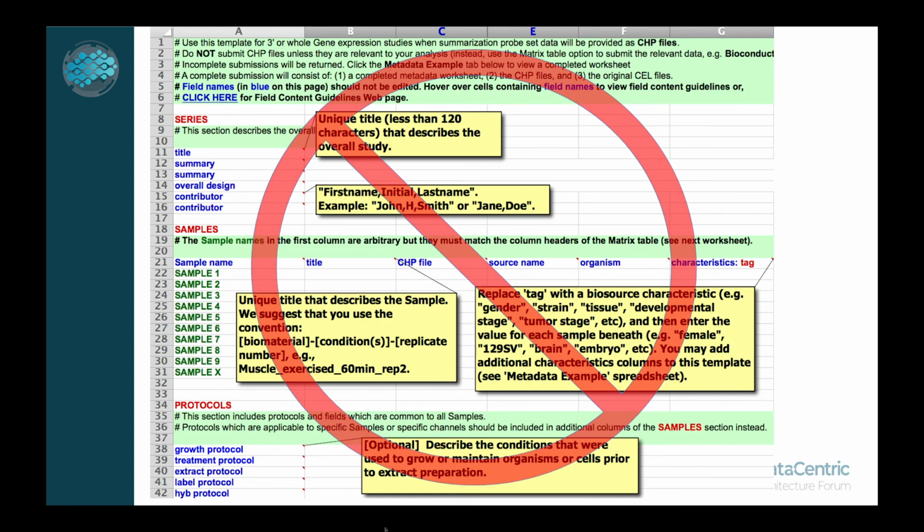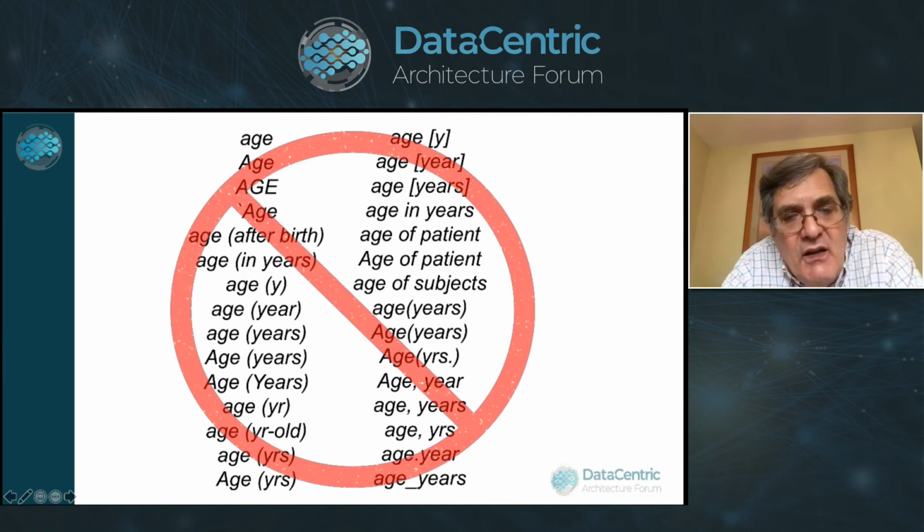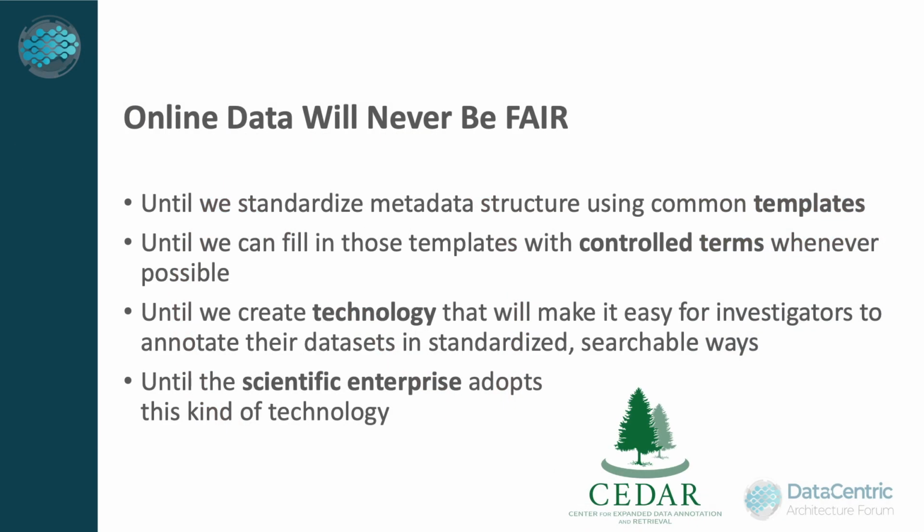We are in a situation where we are no longer at the mercy of scientists who enter all kinds of ad hoc values for their metadata. Those ad hoc values go away because Cedar makes it trivial to make selections from the appropriate ontologies, allowing the terms in our metadata to be structured, to be correct, and to be searchable.